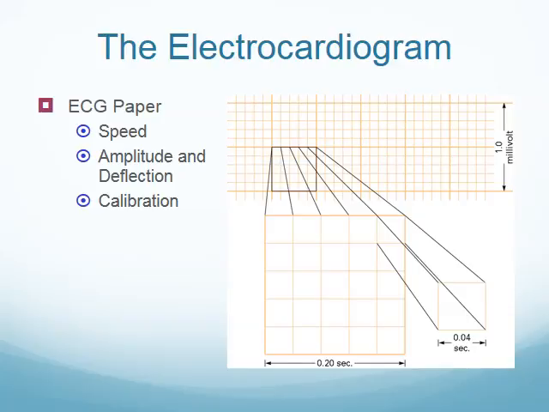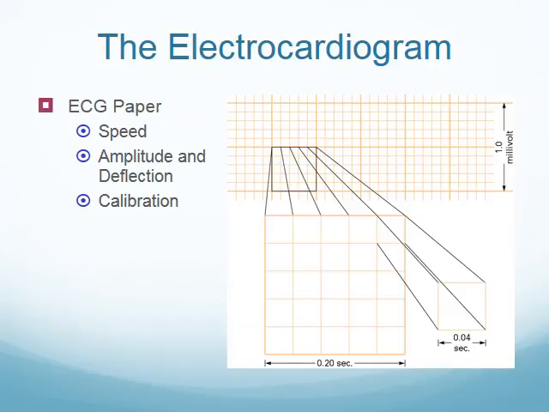All right, we'll talk about the EKG paper. Whenever you get a piece of EKG paper, most of you are already familiar with this, but this is what it looks like. It's got tiny boxes and big boxes.